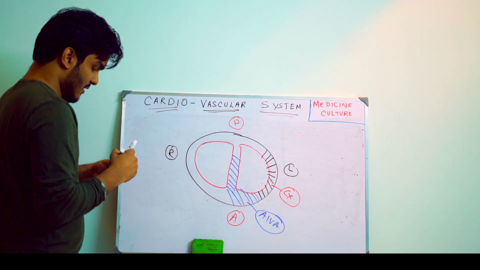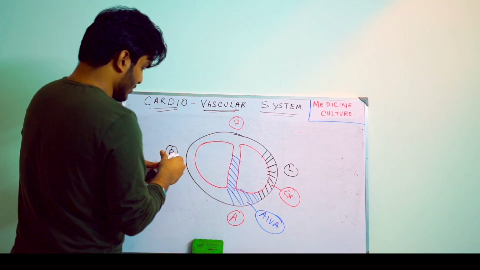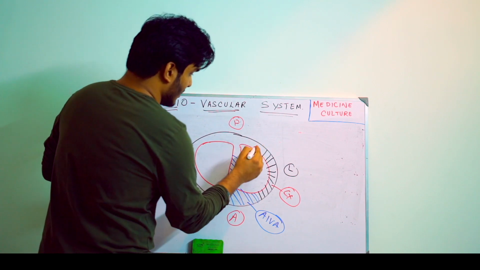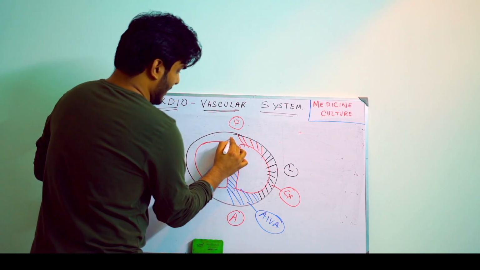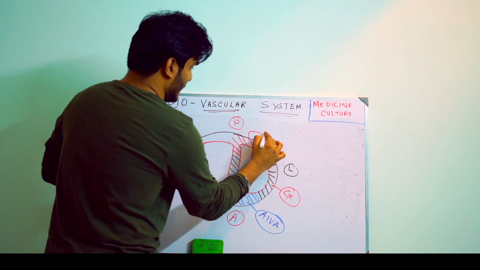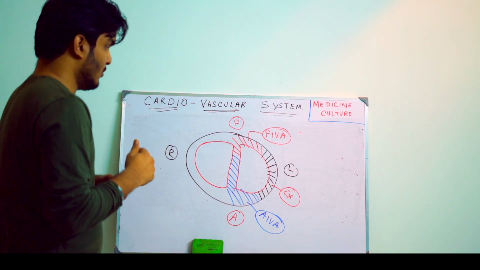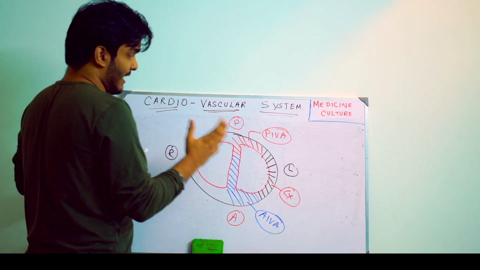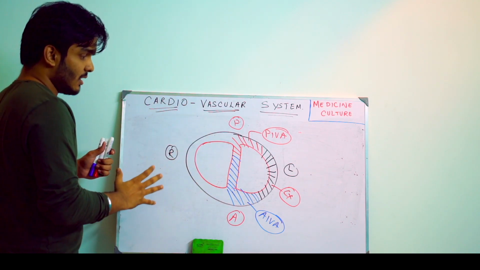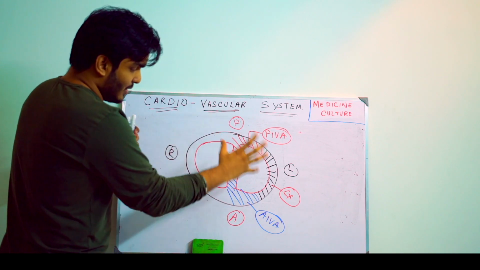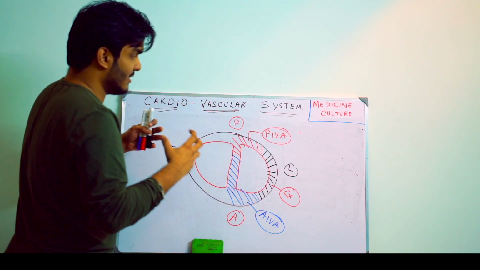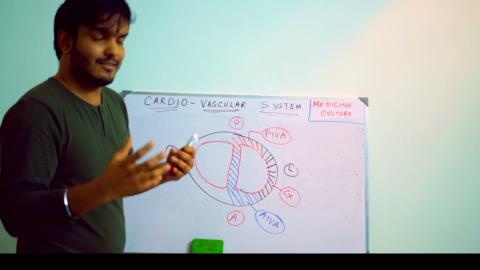Yes, we have drawn in this diagram right now. So the remaining is PIVA, posterior 1/3. PIVA, posterior 1/3. So I think this diagram will help you guys to consolidate all this information together, and this will help you remember which artery supplies what.